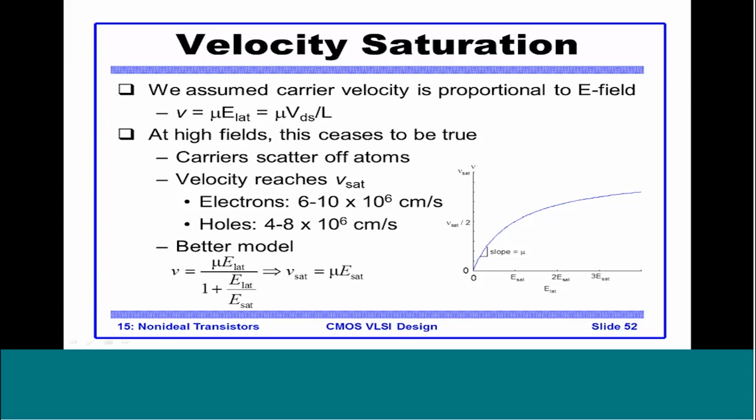So a better model: we took V as mu times VDS by L, but this is a better model, mu E lat by 1 plus E lat by E sat. So the V saturation is defined to be mu into E sat. This is a curve of the carrier velocity with respect to the electric field. It starts off linearly, but it saturates at some point as E increases.